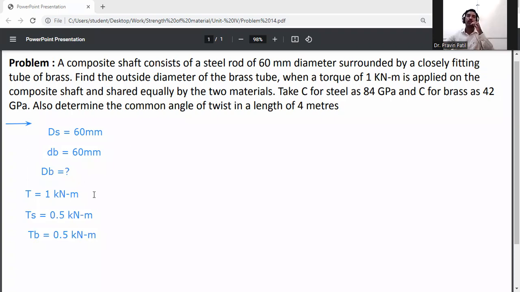That means the torque shared by steel is 0.5 kilonewton meter, and the torque shared by brass is also 0.5 kilonewton meter. So TS is equal to 0.5 kilonewton meter and TB is also 0.5 kilonewton meter.